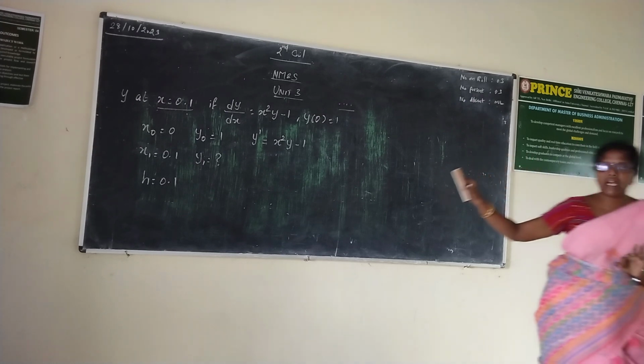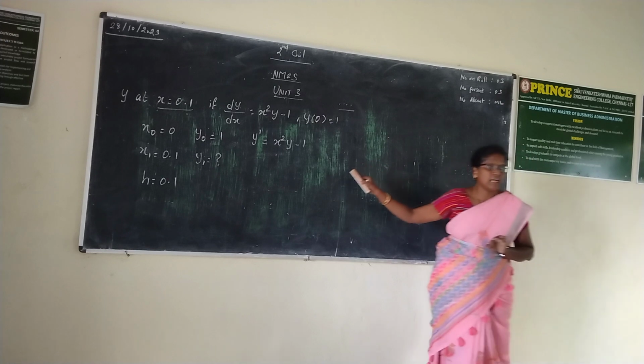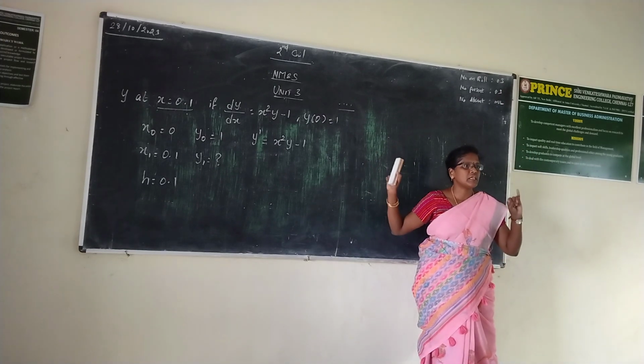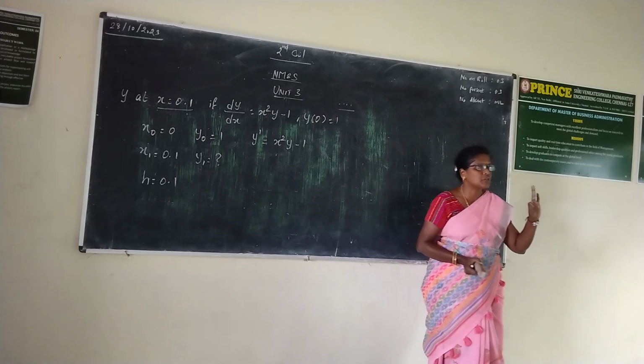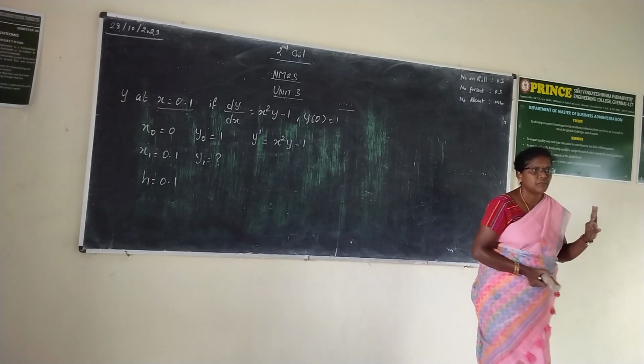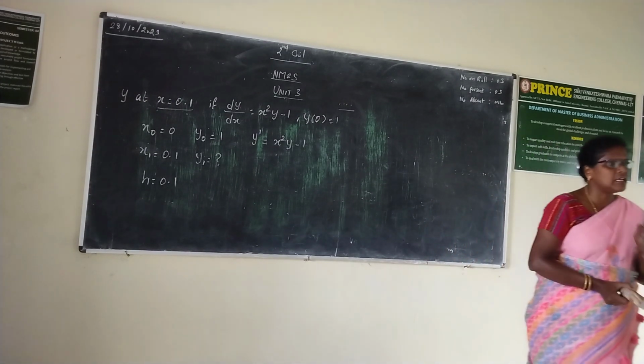In the question y dash is given. Using this y dash we have to find the second, third and fourth derivatives, at least up to the fourth derivative. If it is very complicated, take 3 derivatives.